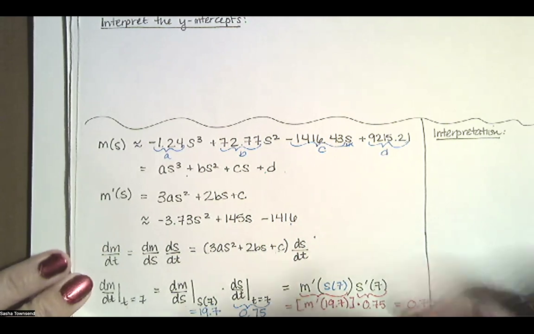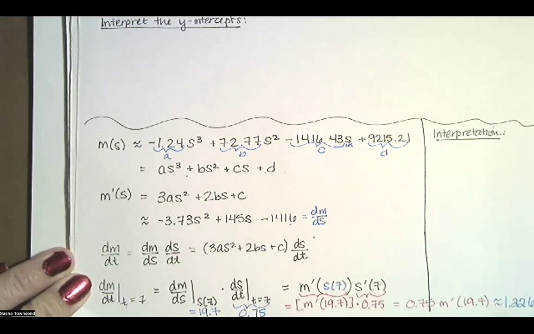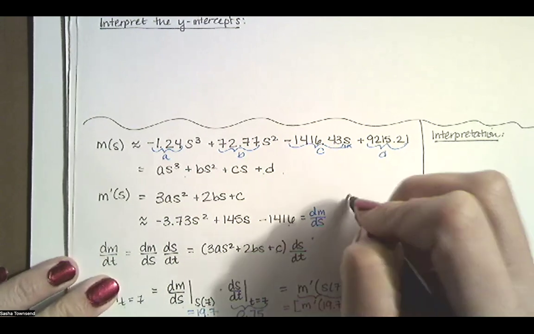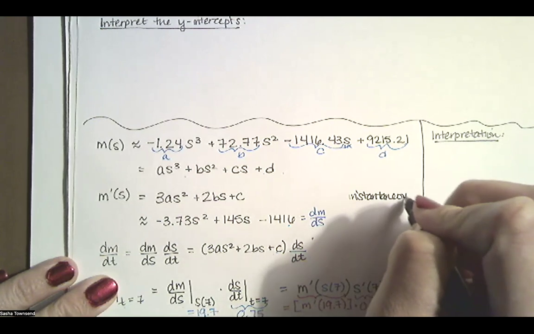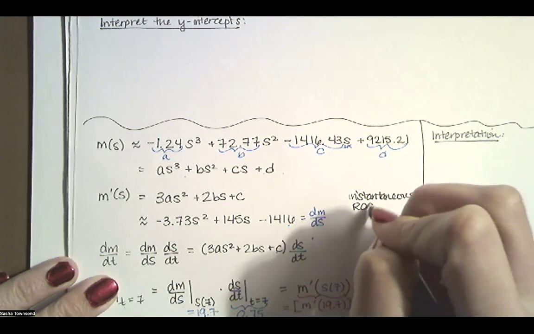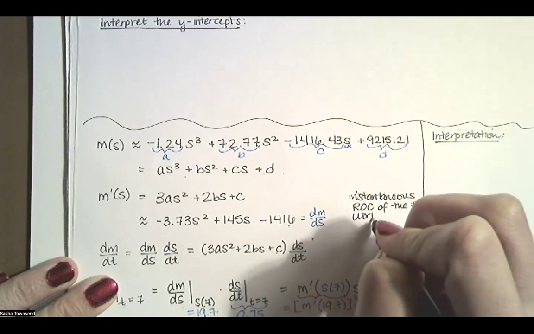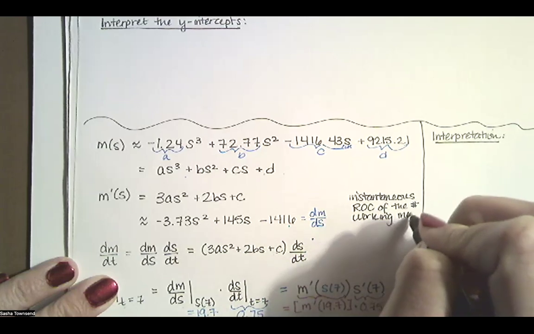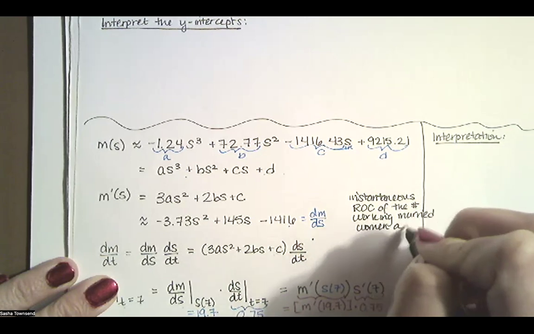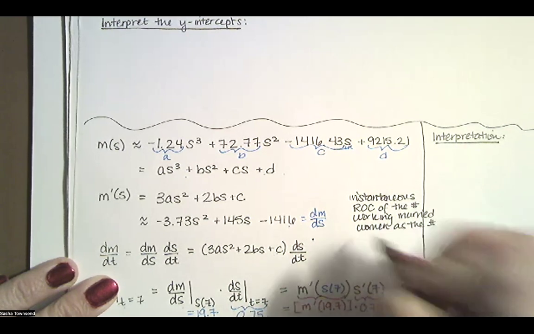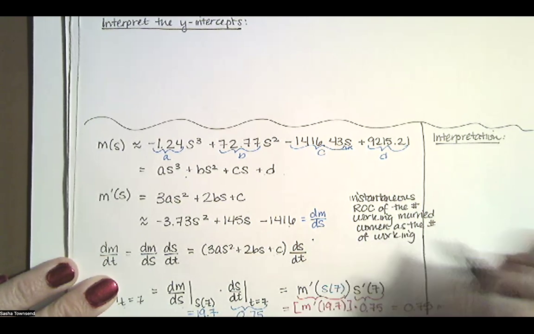Well, if you look at the units, this is the instantaneous rate of change of the number of working married women as the number of working single women increases.